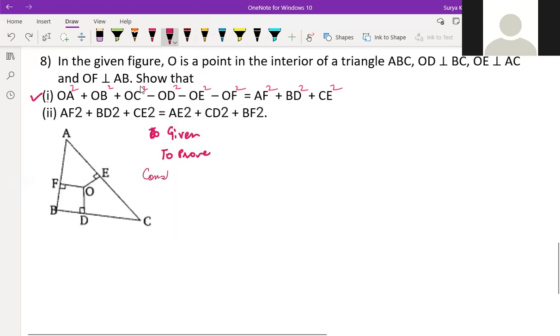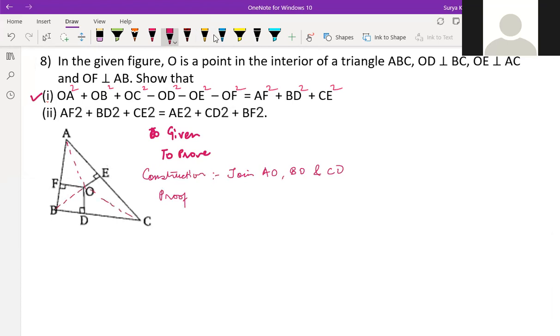Construction: join AO, BO and CO. Now you do the proof. Join AO, BO, and CO.